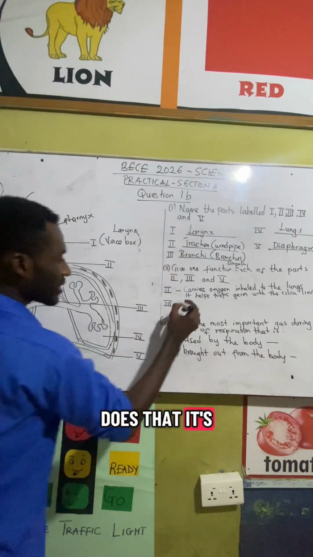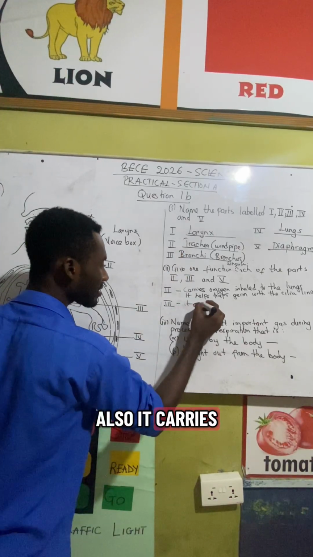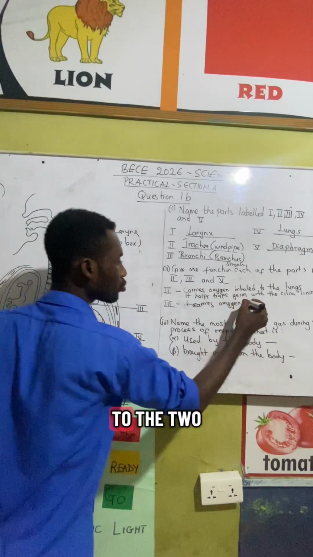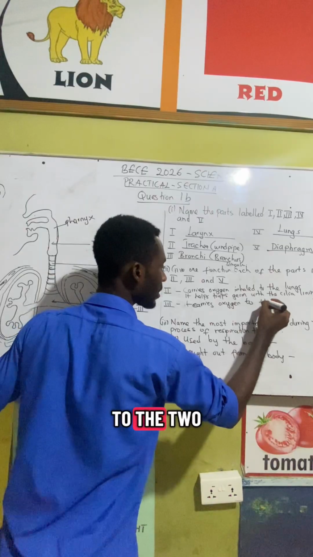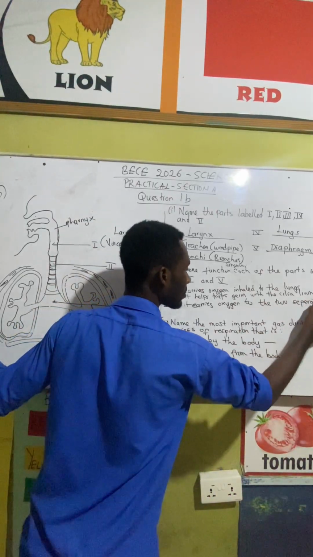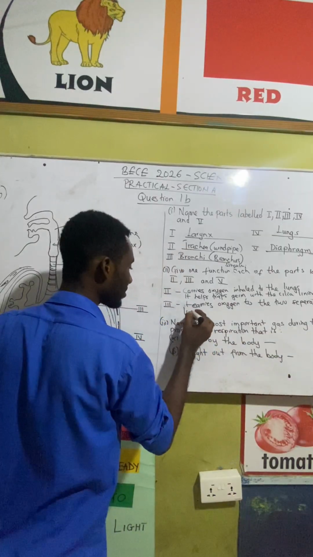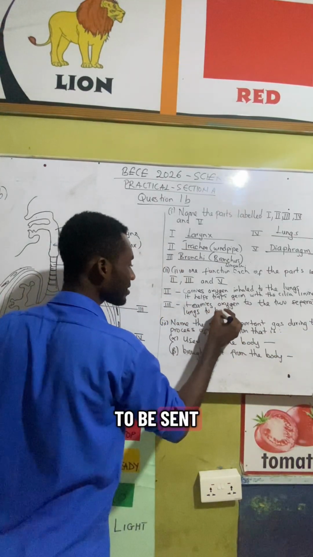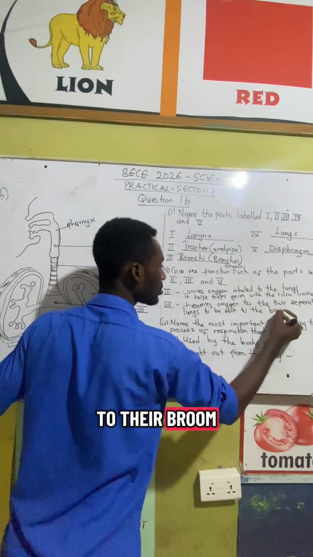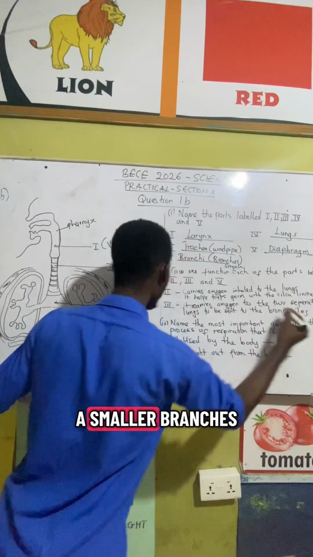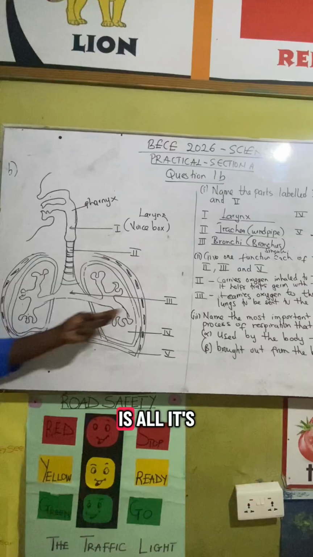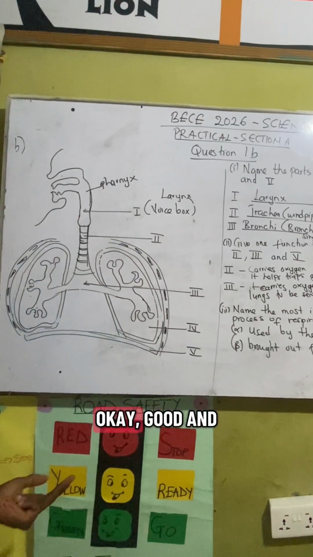So what it does is that it carries oxygen to the two separate lungs, to be sent to the smaller branches of the bronchus. This one. That is all. It's nothing strange, okay? Good.